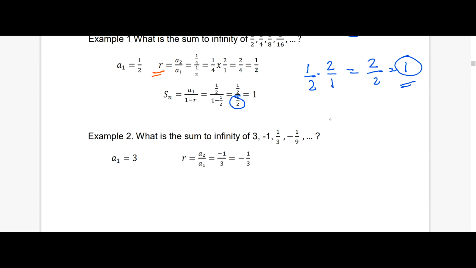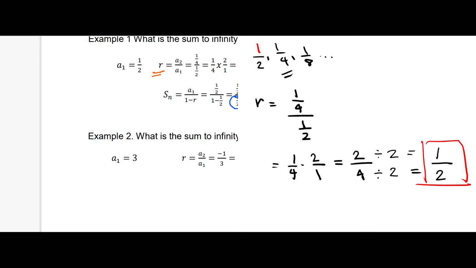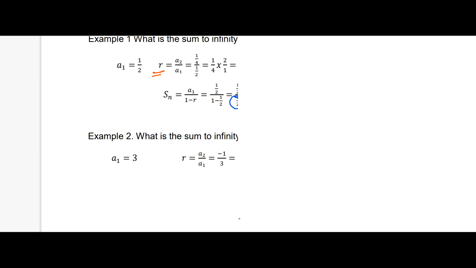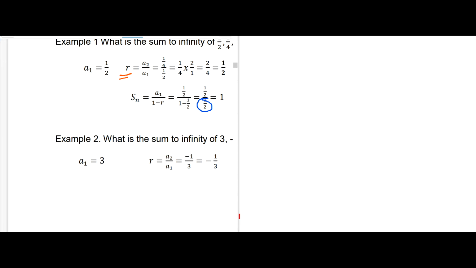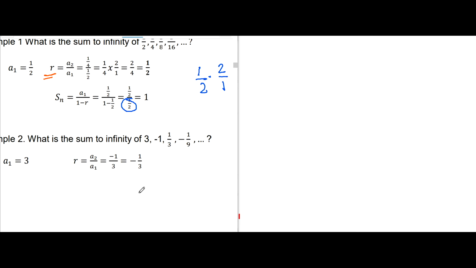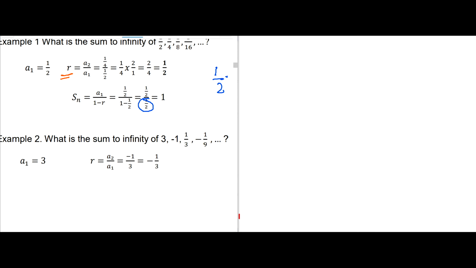Let's try to solve this by ourselves. Ano yung given? The given is, what is the sum to infinity of 3, negative 1, 1/3, negative 1 over 9. Ayan.